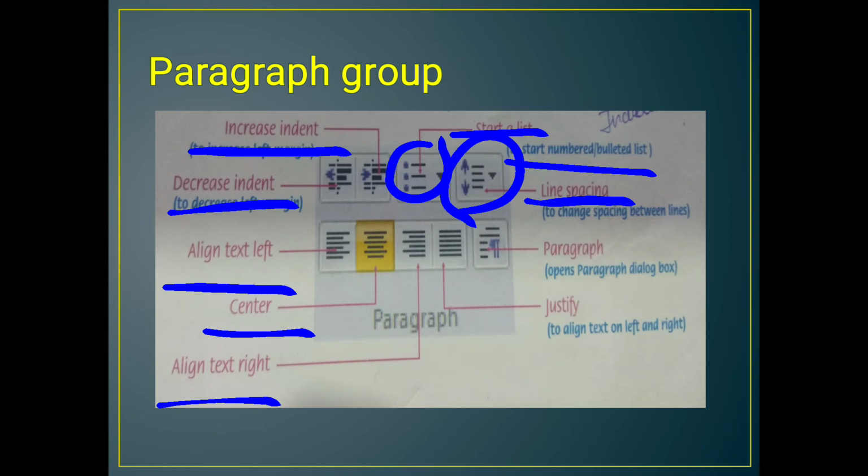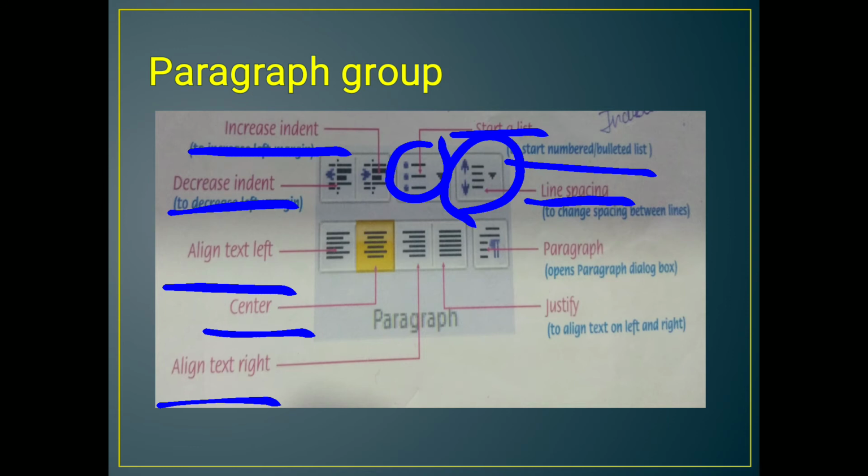There are two types, loose and tight. To change the line spacing, select the lines you want to change, then go to the Home tab and find the line spacing button in the Paragraph section, and choose what you want as the space between two lines. So, line spacing helps to change the spacing between lines.